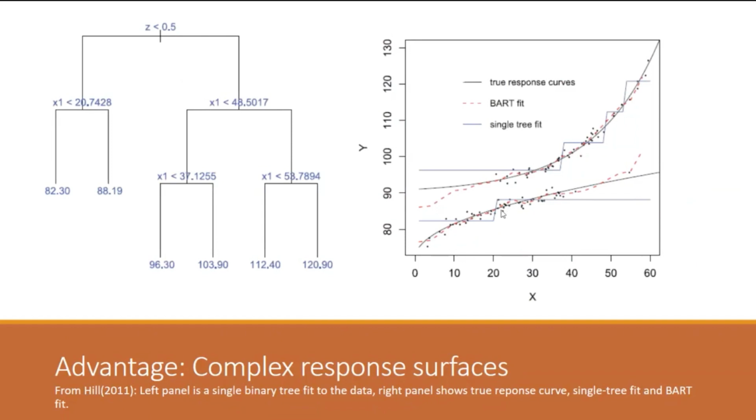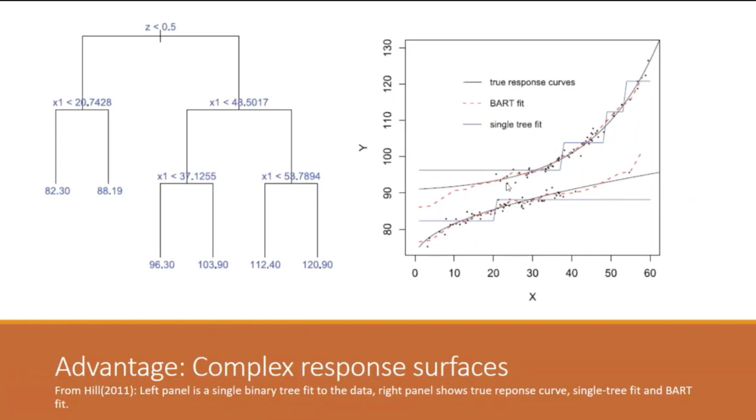In this case, it's treated versus control. If we fit a single tree, we get something that kind of approximates that black curve in a very rough, stepwise way, but we're at least getting the fact that these are following distinctly different patterns depending on whether they're in the treated group or the control group.